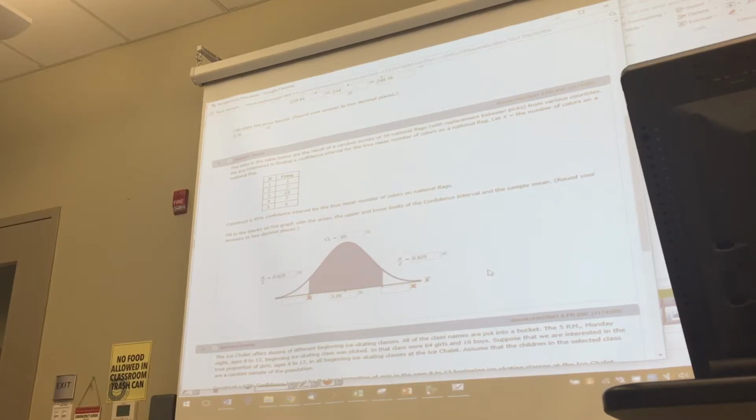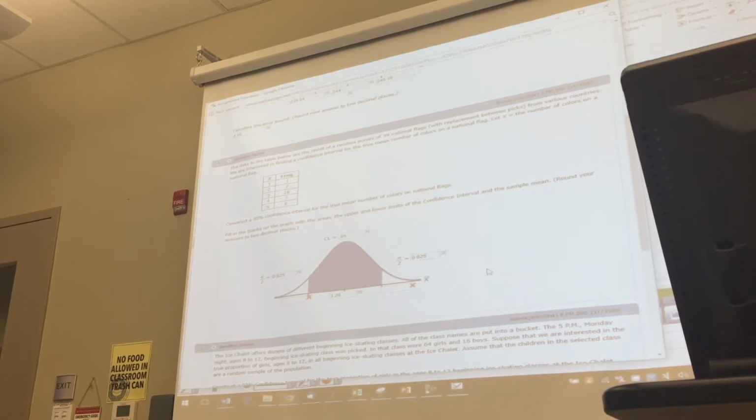So I'm going to use my t-table with alpha divided by 2 and degrees of freedom of 38. So in this particular case, what would I grab? Degrees of freedom of 40: 2.021.